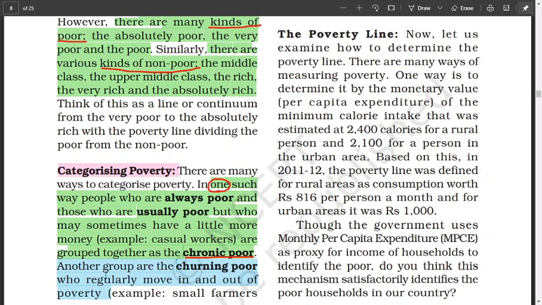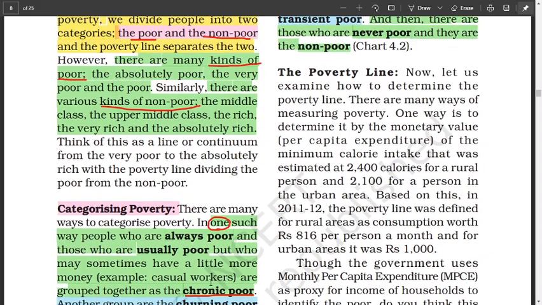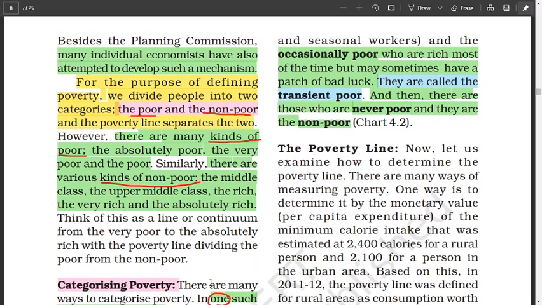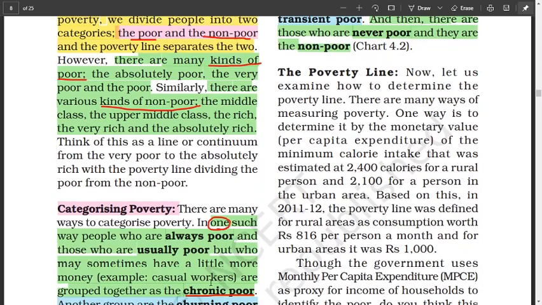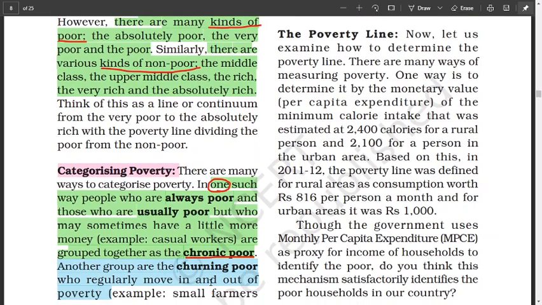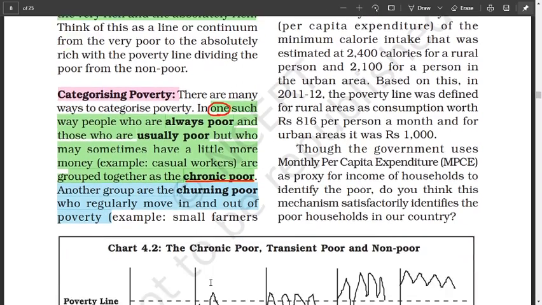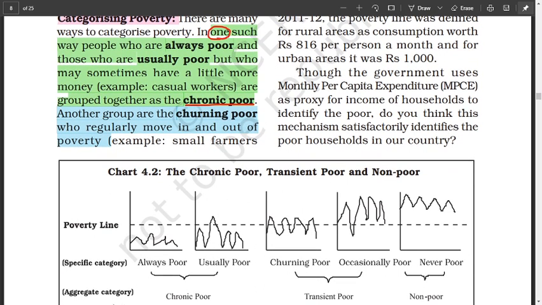The churning poor regularly move in and out of poverty, like seasonal workers, and the occasionally poor are rich most of the time but may sometimes have a patch of bad luck. So in the transient poor, you have the churning poor and the occasionally poor.